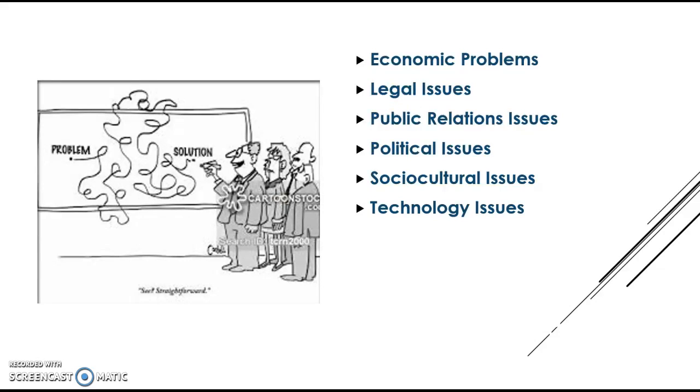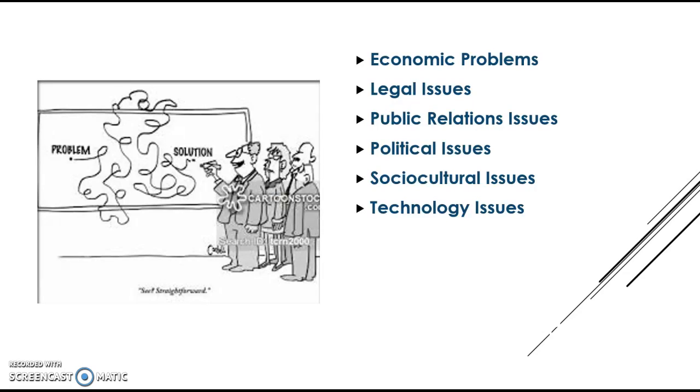Are there lawsuits and other legal responsibilities that we would be responsible for? Public relations issues: is there some way that we could get beat up in the media about it? How does this fit into the political structure and the politics that are out there? Are there people we need to align with? Are there coalitions we want to stay with or keep away from? Those all play into it.